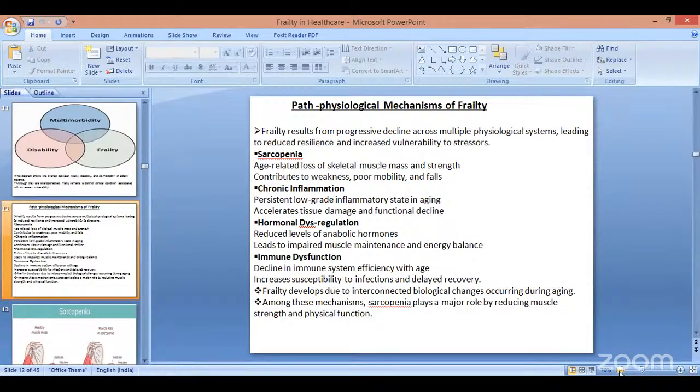Chronic inflammation is a persistent low-grade inflammatory state in the aging population, accelerating tissue damage and functional decline. Hormone dysregulation is a reduced level of anabolic hormones, which impairs muscle maintenance and energy balance. Immune dysfunction is disrupted in elderly people, so there is increased susceptibility to infection and delayed recovery. So frailty develops due to interconnected biological changes occurring during aging. Among these mechanisms, sarcopenia plays a major role by reducing muscle strength and physical function.